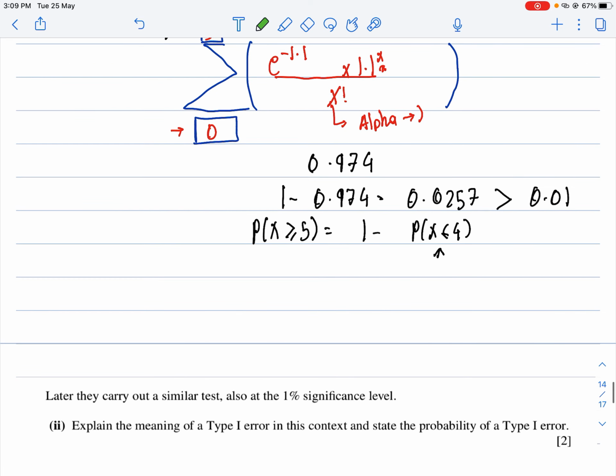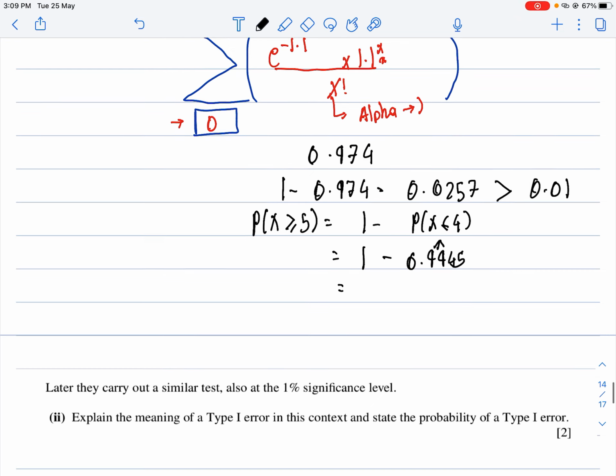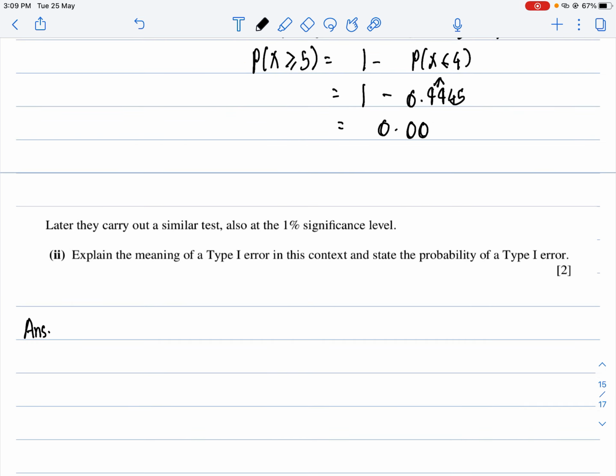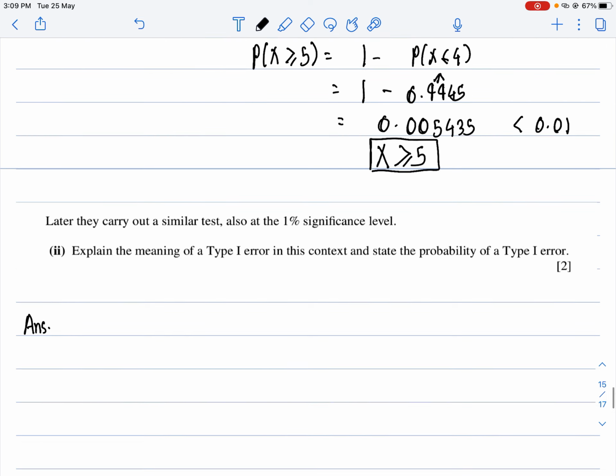You get 1 minus 0.9945, so you get your answer as 0.005435, which is less than 0.01. Hence, rejection starts from x more than or equal to 5, because even x more than or equal to 6, 7, 8, 9, 10 will all be rejected. So x more than or equal to 5 is where the rejection starts and is your critical region.